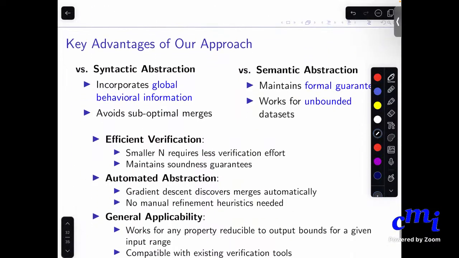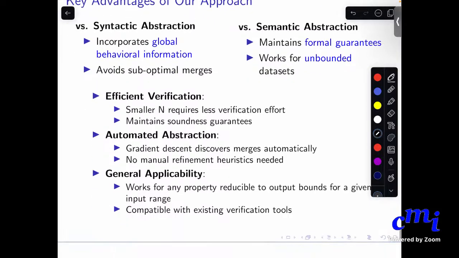So the key advantages of our approach are that it maintains the formal guarantee, works for unbounded data sets, and incorporates global behavioral information that I have already explained before. It also avoids suboptimal margins, so efficient verification is there, and the abstraction process is automated, the refinement is not heuristic based.